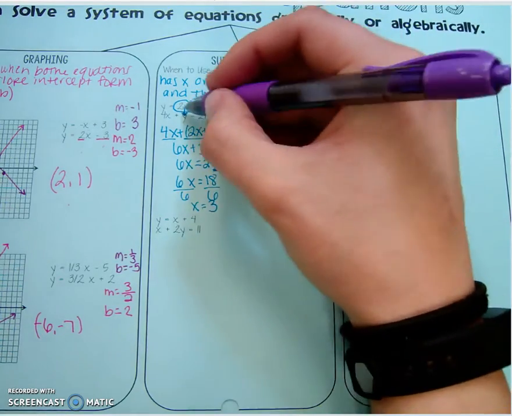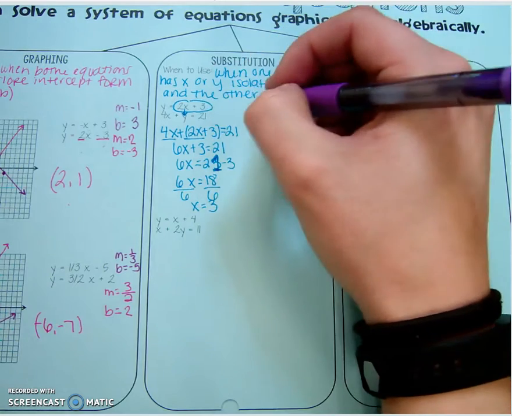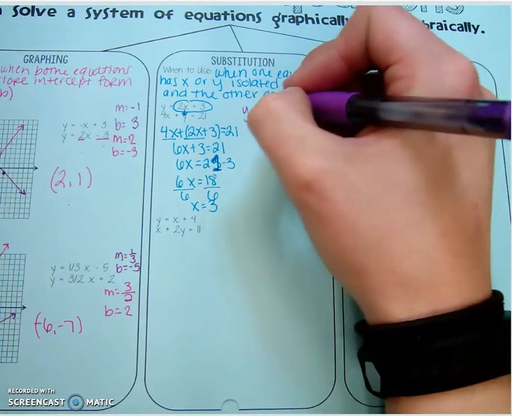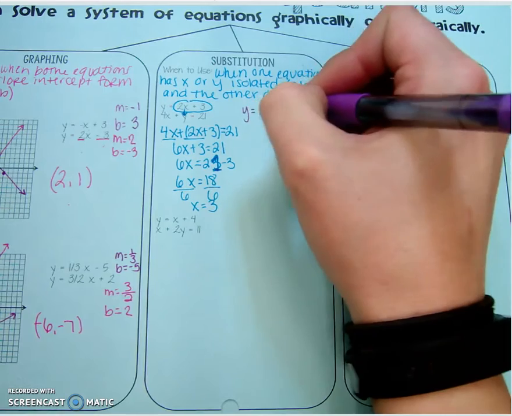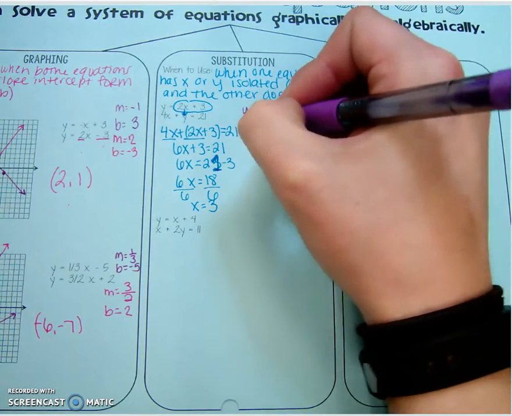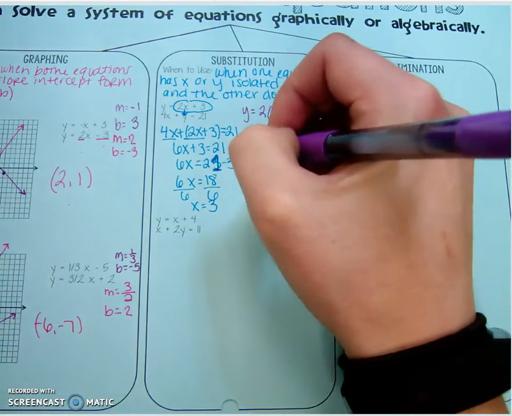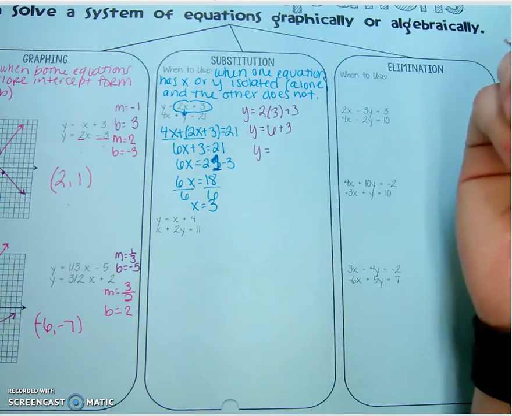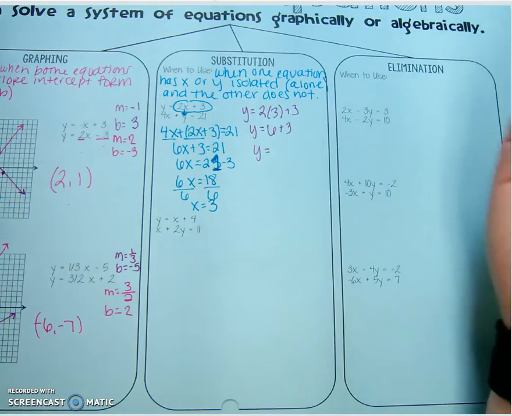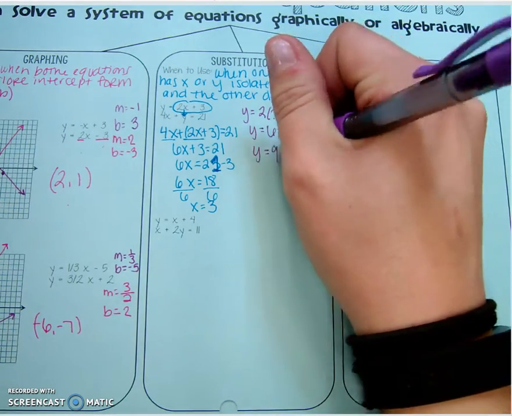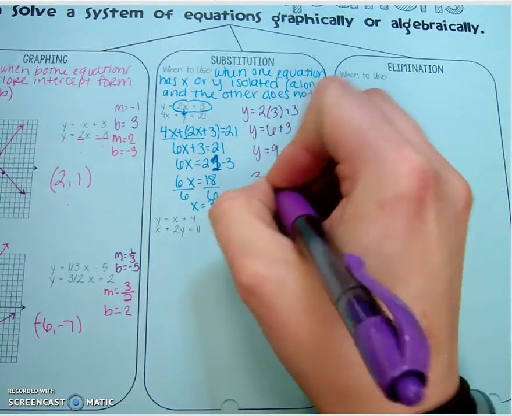It's going to be easiest to put into that top equation, since y is already isolated. 2 times 3 plus 3. y equals 6 plus 3, which is 9. So (3, 9).